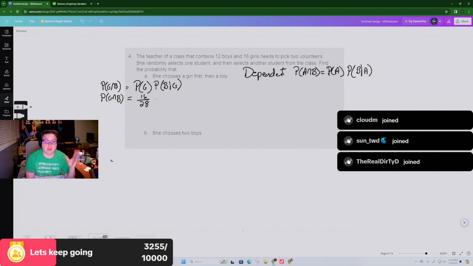And that's good because they're still there as 12 boys. But I did pick 1 student. So this 28 now becomes a 27. And that's really the key of dependent probability, is knowing that this total has to change. It really does.